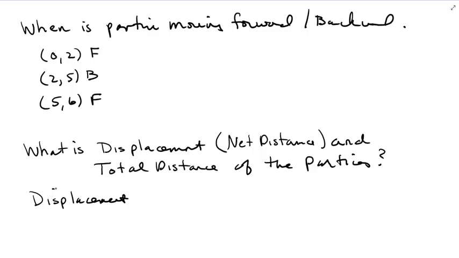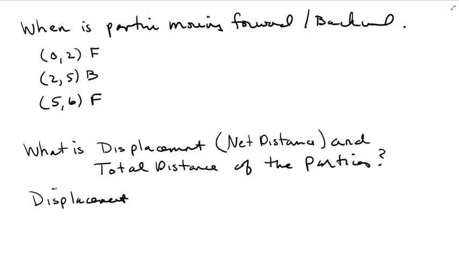But in driving to school, if you stopped at the bank, stopped to get some lunch, made a bunch of stops, your displacement is still 1 block because you ended up at school, which is only a block from your house. Now your total distance that you drove is much greater. But right now we're just going to look at displacement. So displacement refers to distance, which refers to position.